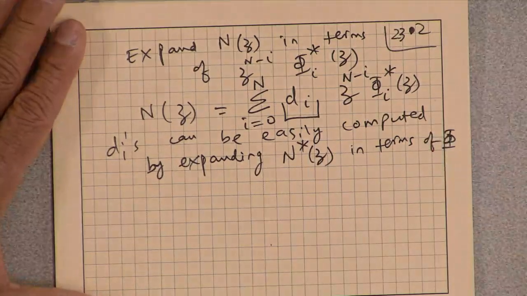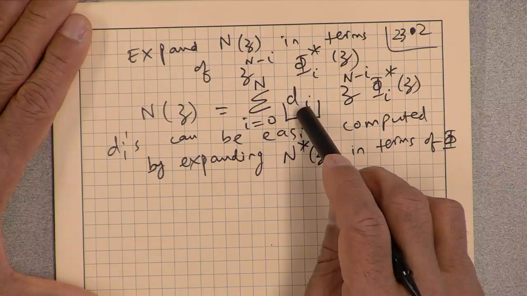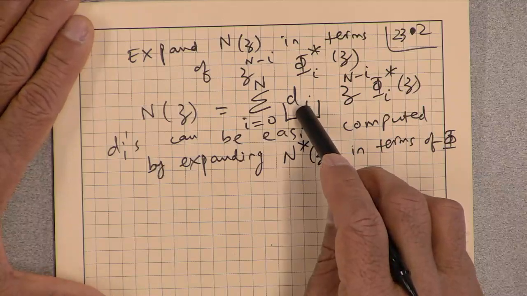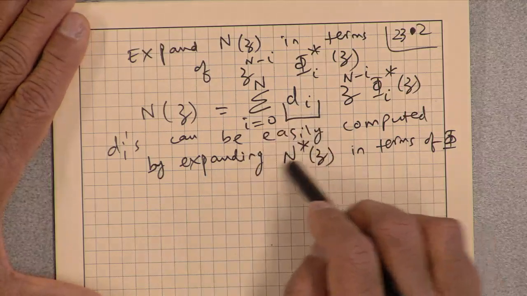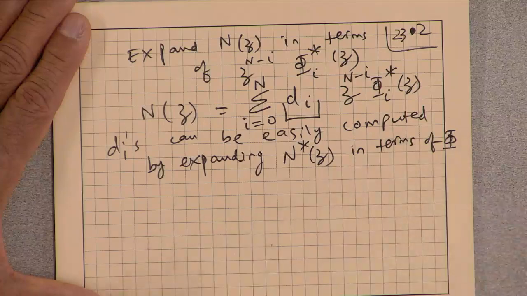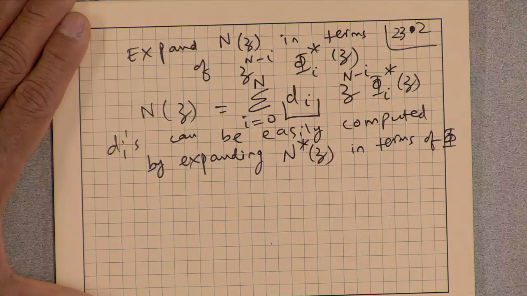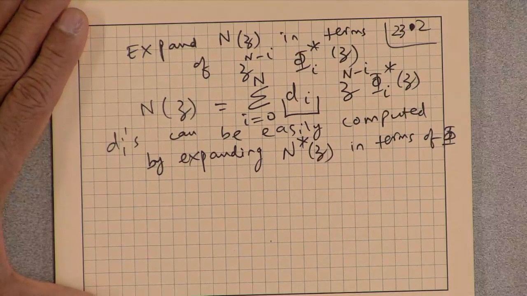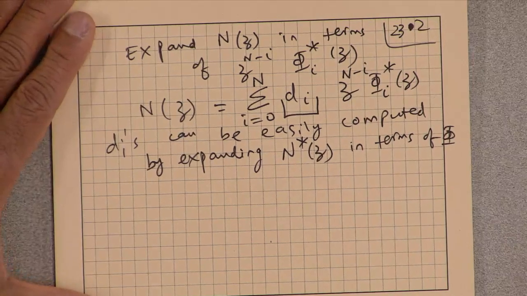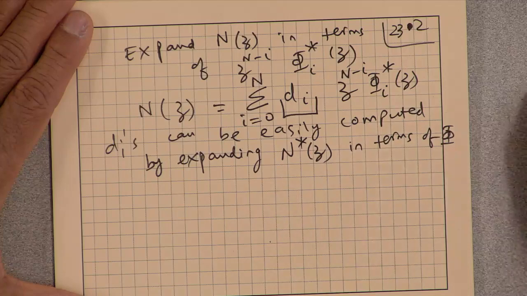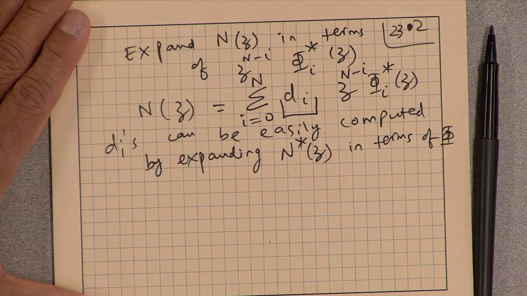Okay, so what am I trying to say? I am trying to say that we can easily compute these d coefficients by expanding the reverse polynomial of the numerator in terms of the original Schur polynomial phi. Okay, so that may sound not true, because it's not clear how this can be possible, but we can spend a little time to show that it is indeed possible.